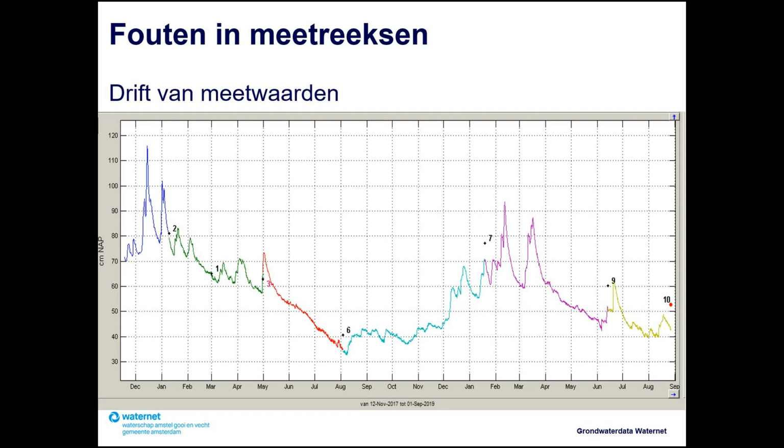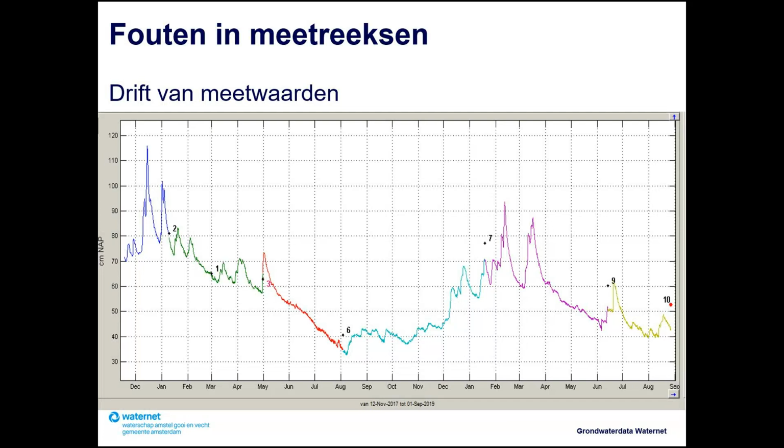Here you get one of drift, because the sensor itself has a sort of drift. You see these little points here. These are actually hand measurements. Every 3 months or so, somebody comes along, gets the data from the logger, puts it back, and also measures the groundwater head with a manual gauge.